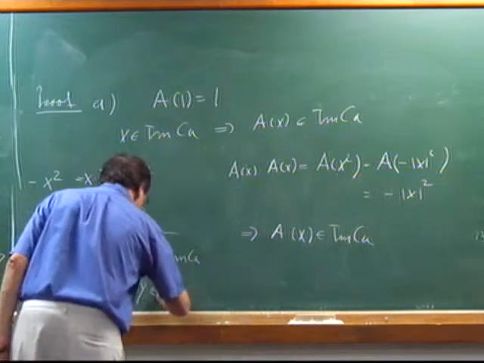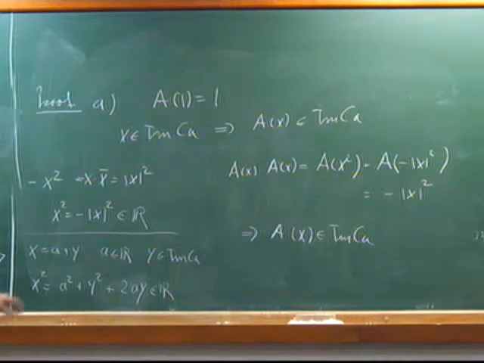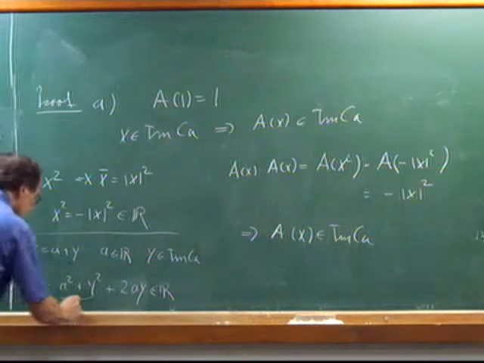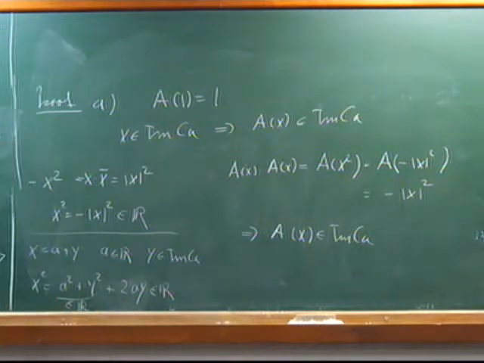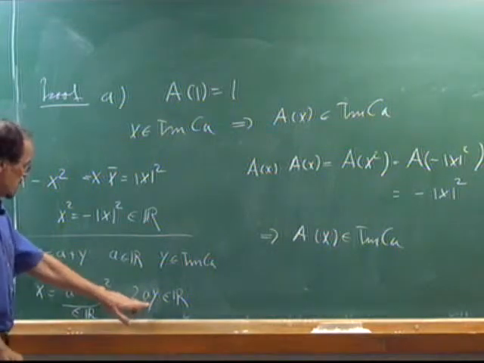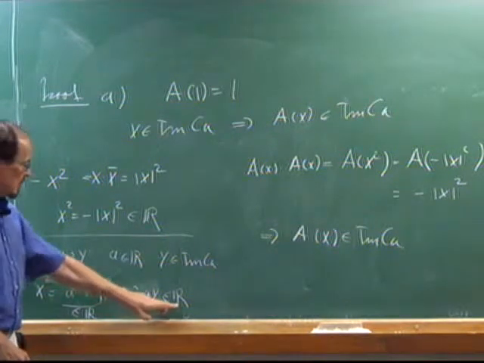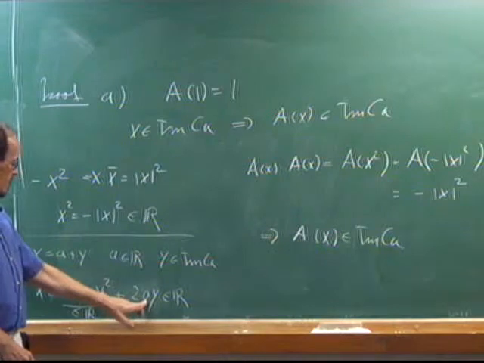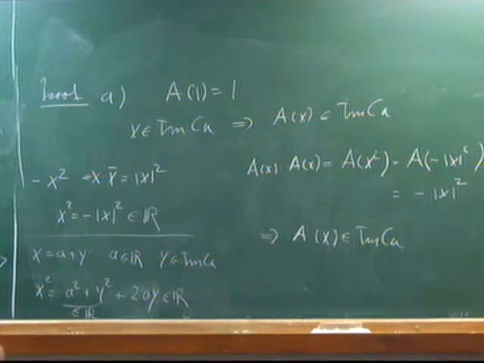If that's real, how can this be real? Well, a squared is certainly real. y squared, well, y was an imaginary Cayley number, that's real. So this part here lies in R. So that would mean that 2ay would have to be in R. But how can that be? y is imaginary. I have a multiple of an imaginary number. It can be real only if either a vanishes or y vanishes. But if a vanishes, that's what we want. If y vanishes, then x is a already.